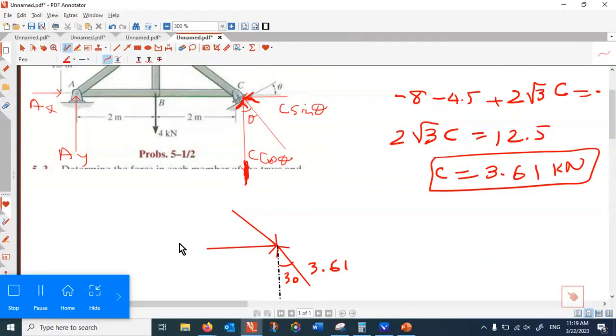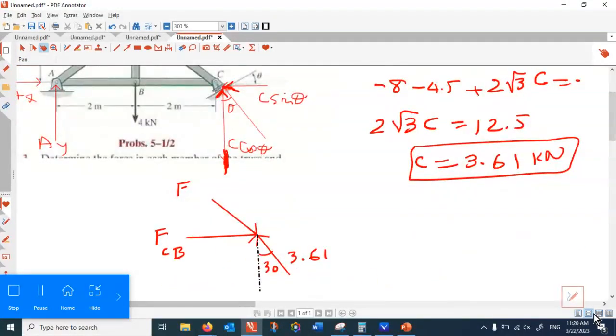That is FBC or FCB. That one is FCD. Okay, easiest way to solve that is by method of triangle.